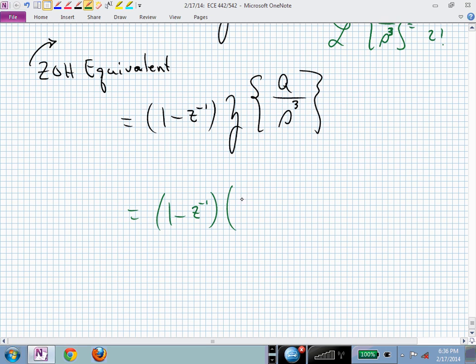The a can come out, and the 2 can come out, and now I will just plug in the Z transform of t squared, which is, and I'm going to include the sample period, capital T, T squared times z plus 1 over z minus 1 cubed.